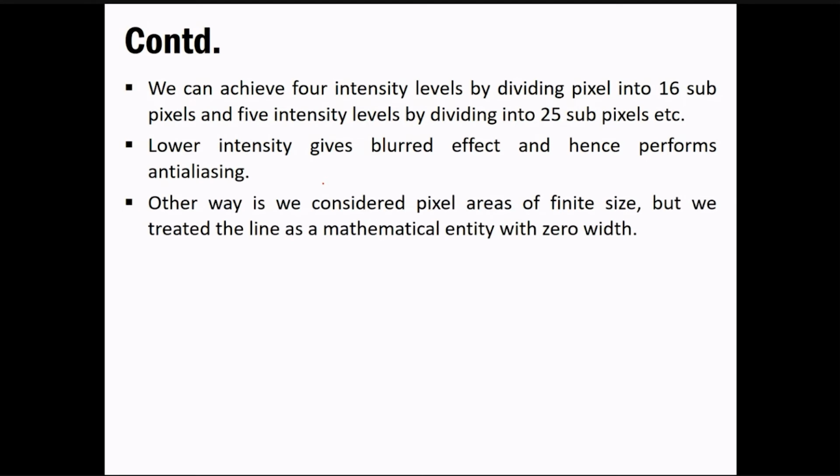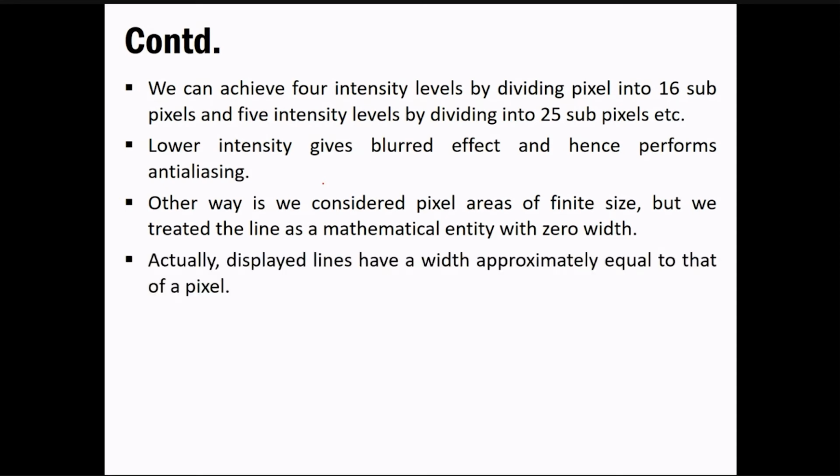Okay, so the other way is we consider the pixel area of finite size, and we treat a line as a mathematical entity with 0 width. But obviously it is not 0. You'd have a line with some specific width. So in that case displayed lines have a width approximately equal to that of a pixel.